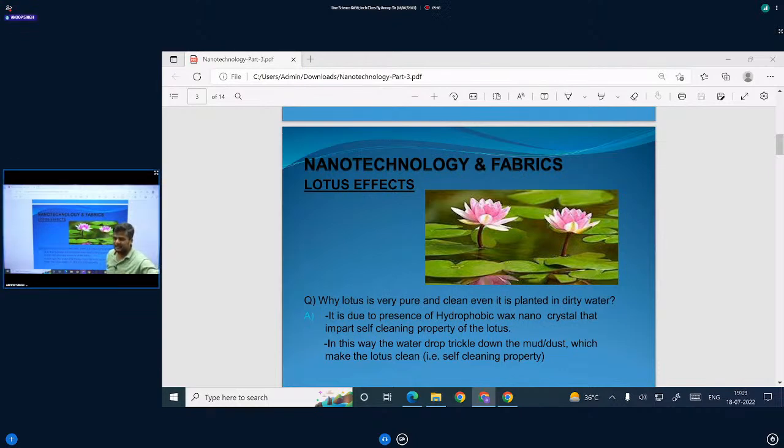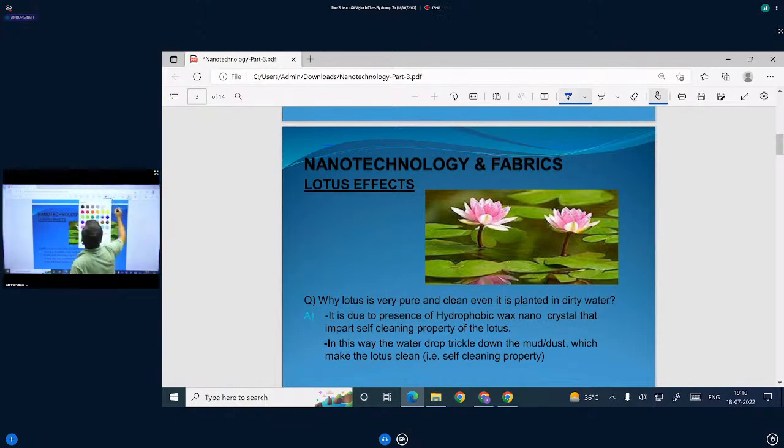In the last class, we saw the application of nanotechnology in different areas like health, purification of water, and air.